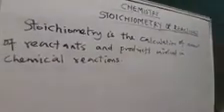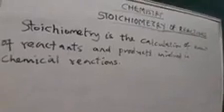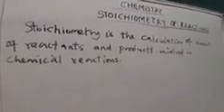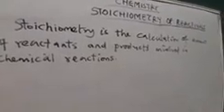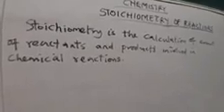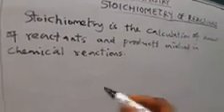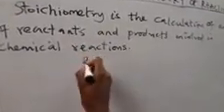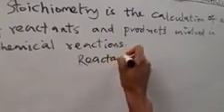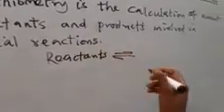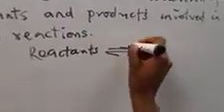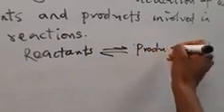Now, what is stoichiometry? Stoichiometry is the calculation of the amount of reactants and products involved in a chemical reaction. You agree with me that for every chemical reaction, we have the reactant and we also have the product.